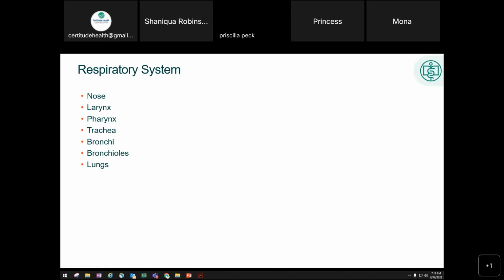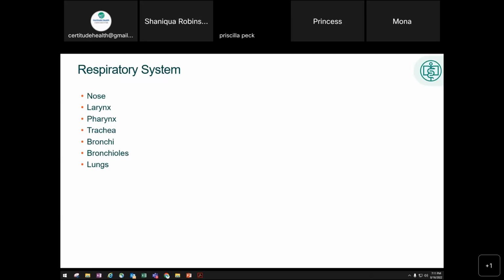So, our lungs are supplying oxygen and eliminating carbon dioxide, which is waste. Oxygen-rich air moves out of the lungs, and the respiratory system contains the upper and lower respiratory tract. That's why we can have an upper respiratory infection, because the upper respiratory tract consists of organs that are located outside of the chest cavity.